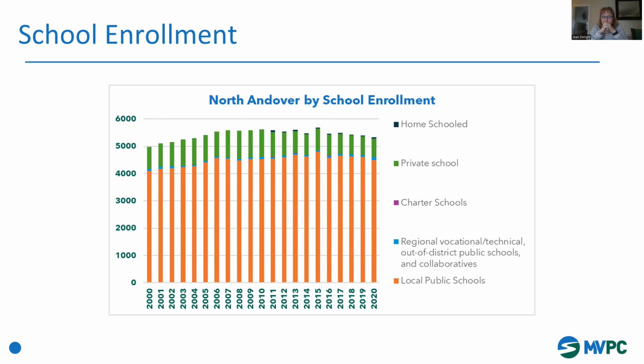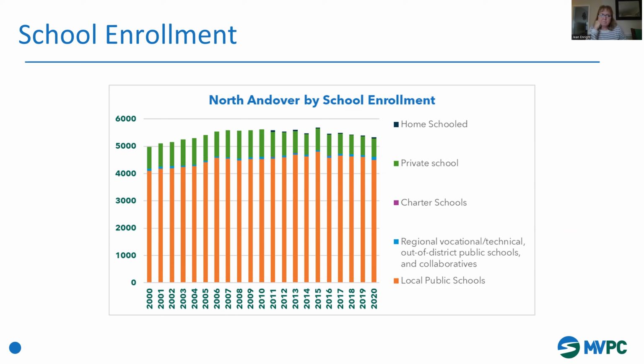We know that that was also occurring at the same time that there was housing development occurring. So despite an increase in housing types, we see a plateauing school enrollment. That's pretty typical for what is seen both across the region and across the state. We tend to find that there is not a huge correlation between multifamily housing development and school enrollment.